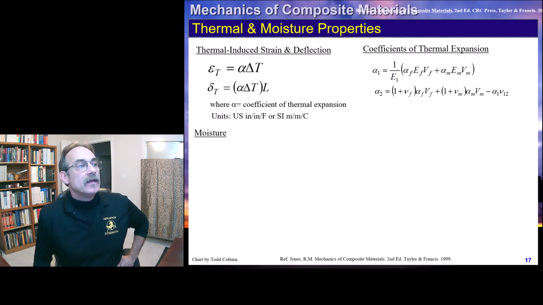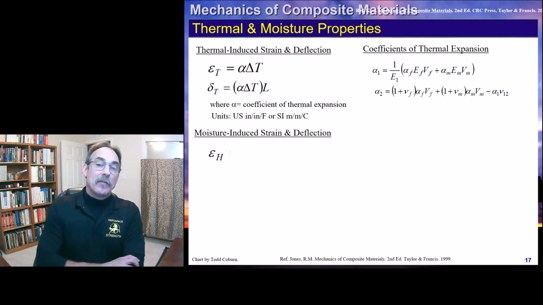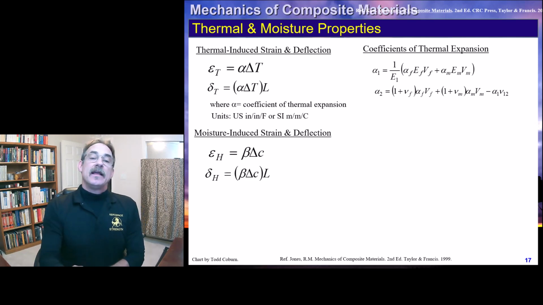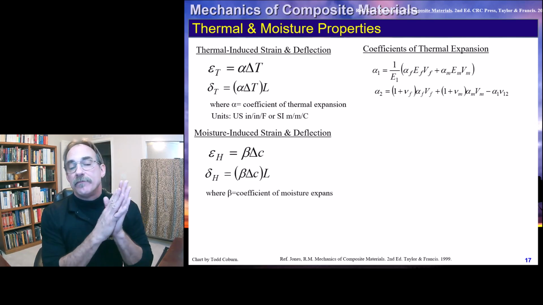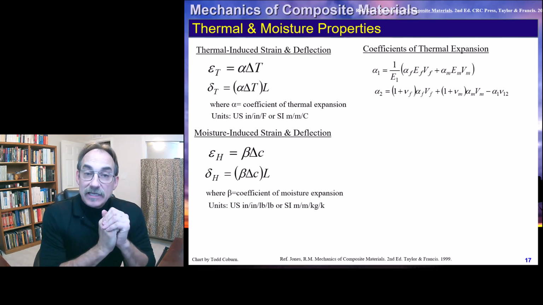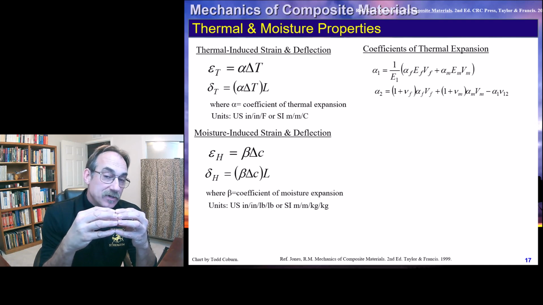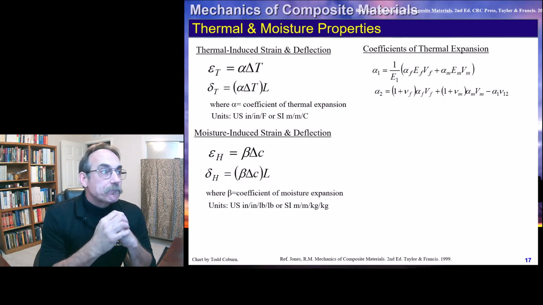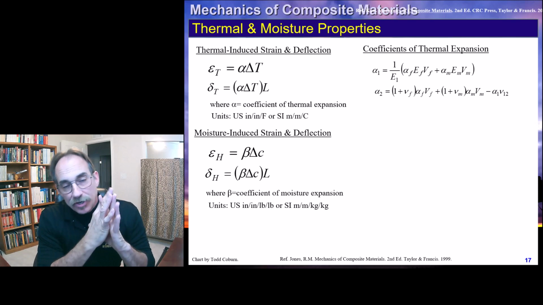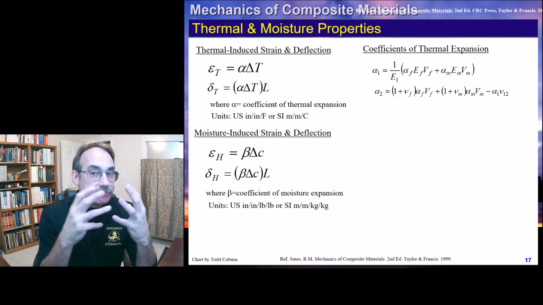Okay? Now, one thing that we haven't probably dealt with in metals, and that we do need to deal with in composite structures, because a lot of times, especially the matrices, will absorb water, is moisture-induced strain and deflection.